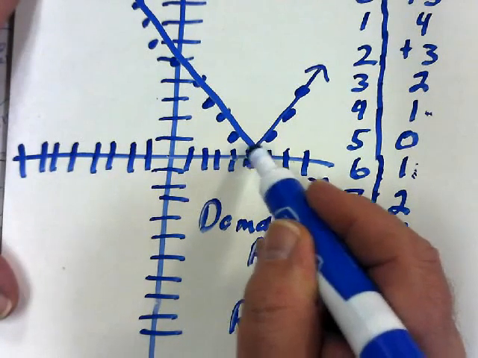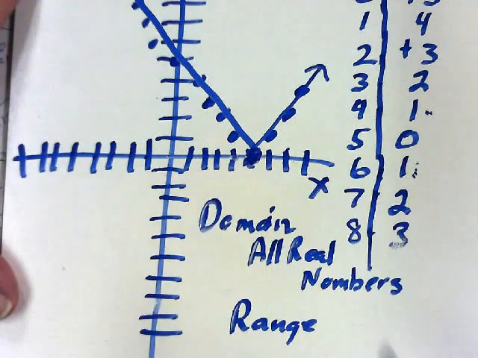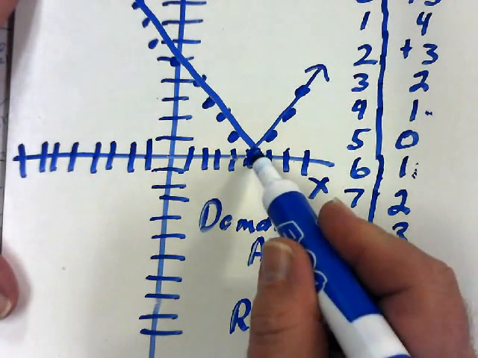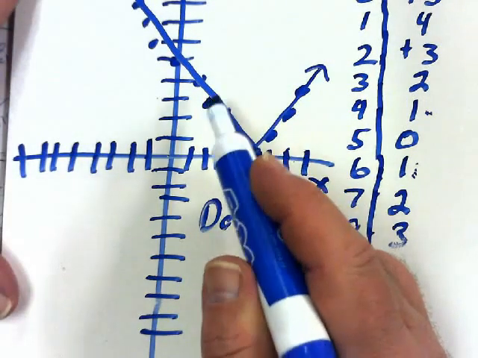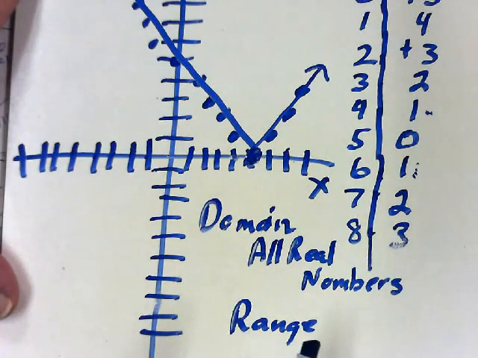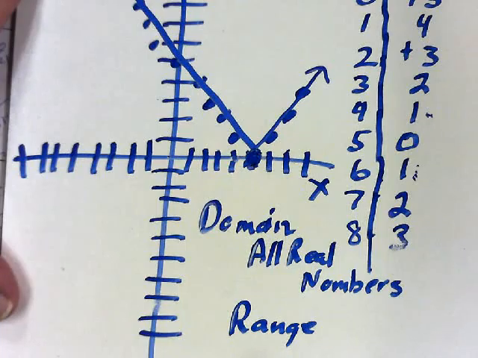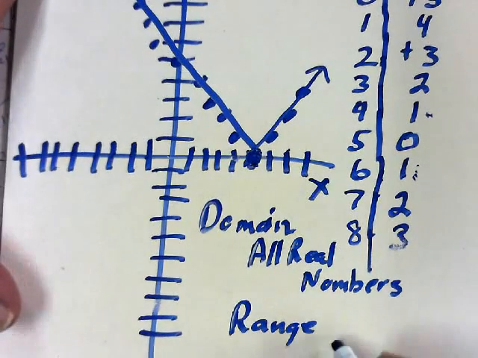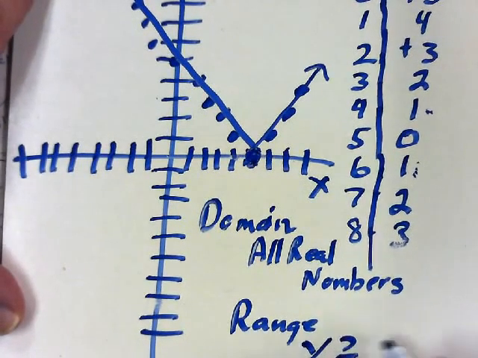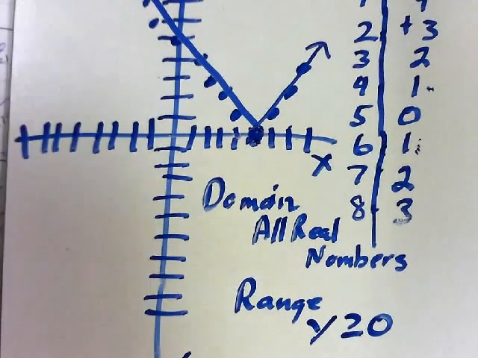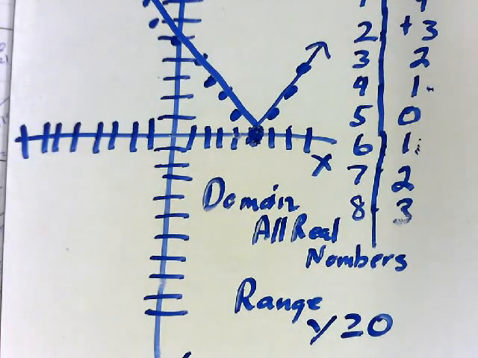So everything else was above that on the y-axis. This one is included, so it has to have the equal to sign with it. So it would be y is greater than or equal to 0. Okay?